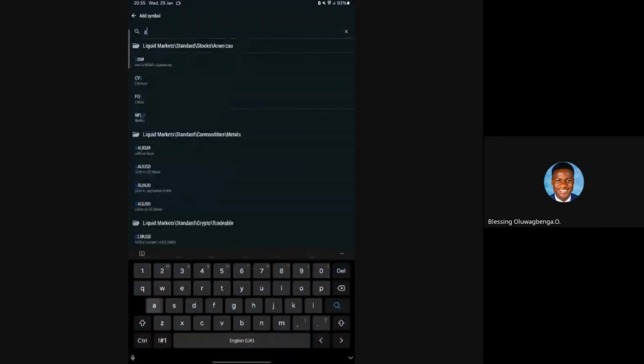Okay, let's take for example another pair that has a different number of decimals. Okay, let's use gold, XAU USD. How many figures for gold after the decimal point?